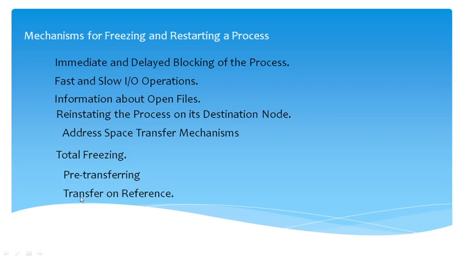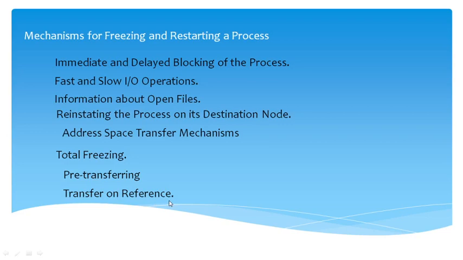Means it is not yet frozen, it is under execution of the code on the source node itself. Address space will be transferred before moving to the destination node, and it is still running on the source node itself, that is pre-transferring. And the other one is transfer on reference.